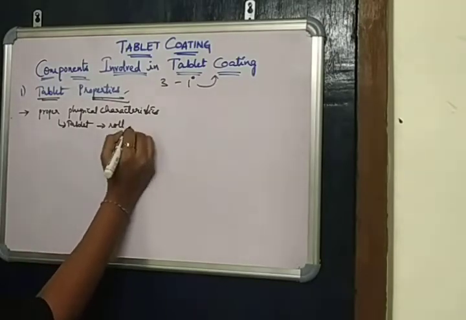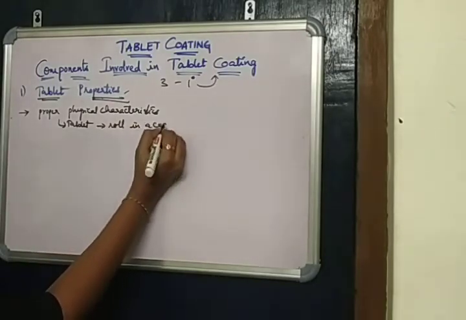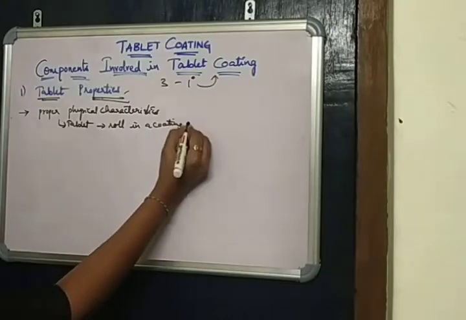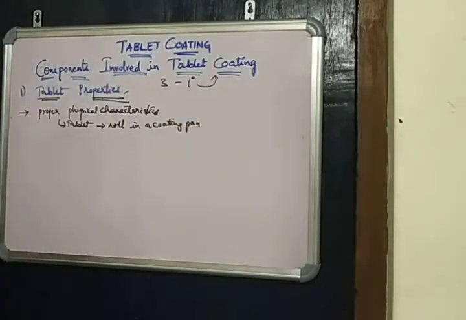In the coating process, the tablets roll in a coating pan or cascade in a stream of air in a suspension coater when the coating composition is applied.